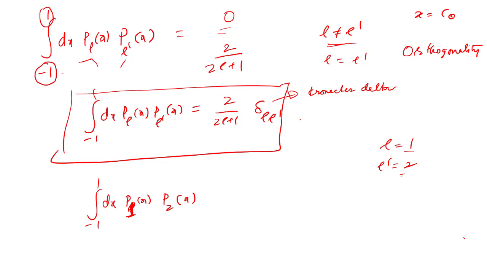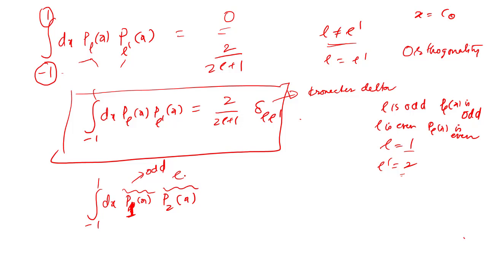We know that when L is odd, PL of x is odd, and when L is even, PL of x is even. That's what we have seen on the last slide, right? And so this is an odd function, and this is an even function. So overall, odd times an even function gives you an odd function.